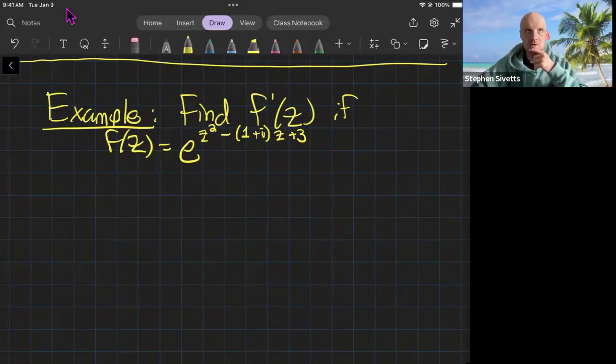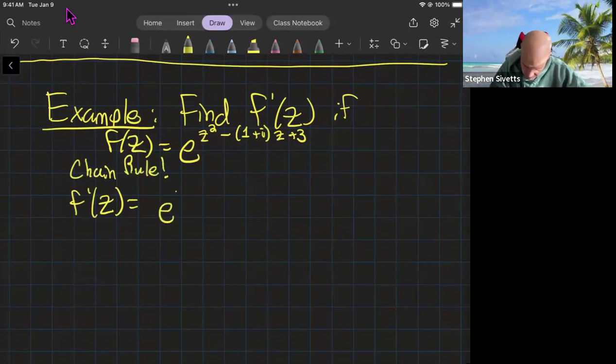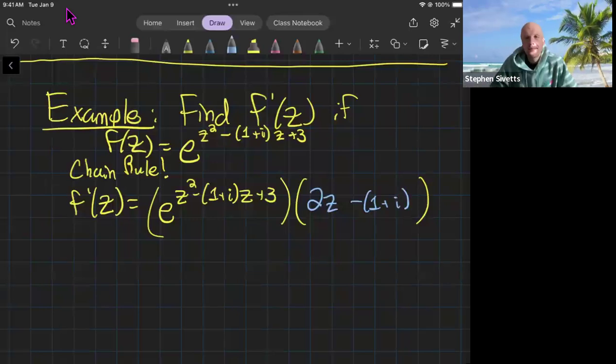Pause the video and think about this for a bit. This should take little time or no time at all. You're going to use the chain rule here. So f prime of z is e to the z squared minus 1 plus iz plus 3, times the derivative of the inside function, which is the exponent, 2z minus 1 plus i. That's just the derivative of f of z.